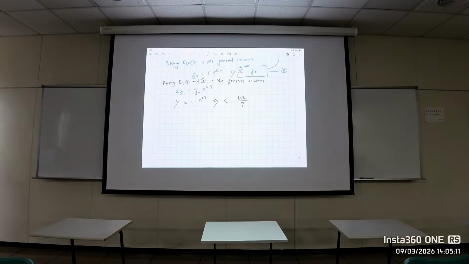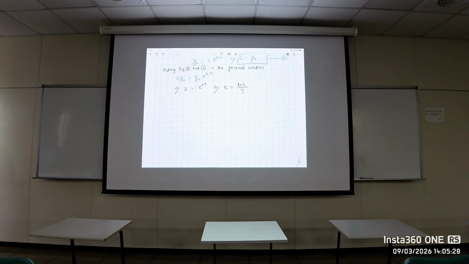Now I have the k value, I have the C value, I have the t value. I can find out the y, because you have two questions. Question 1: when t is equal to 14, what is the y? Question 2: when t is equal to 28, what is the y?